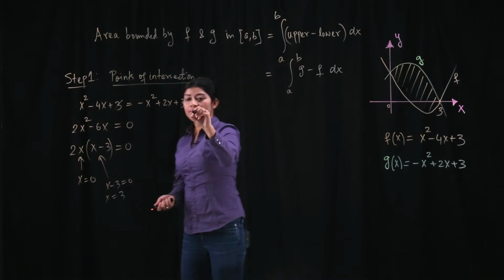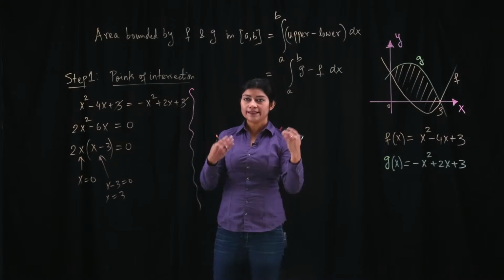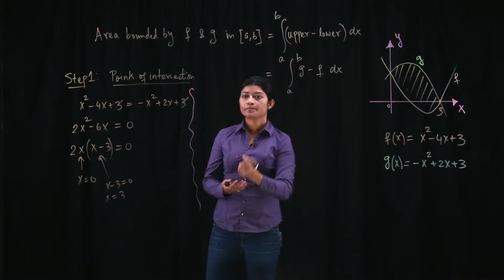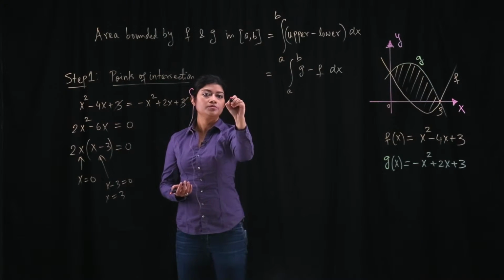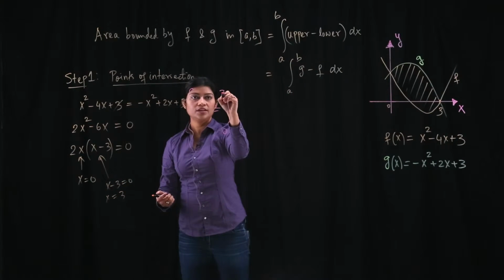Now that we have our points of intersection, let us set up the integral and then solve it, and then we'll have our area. The integral will be from 0 to 3, those are the limits.